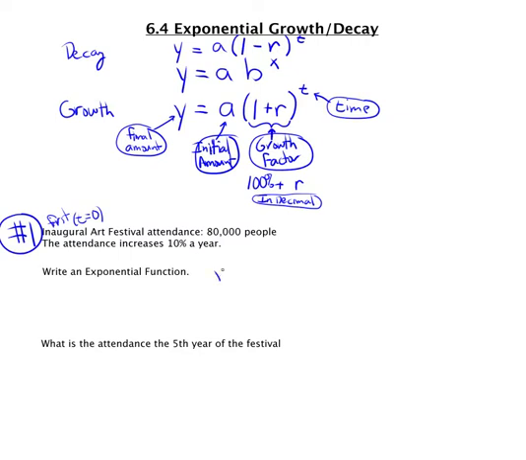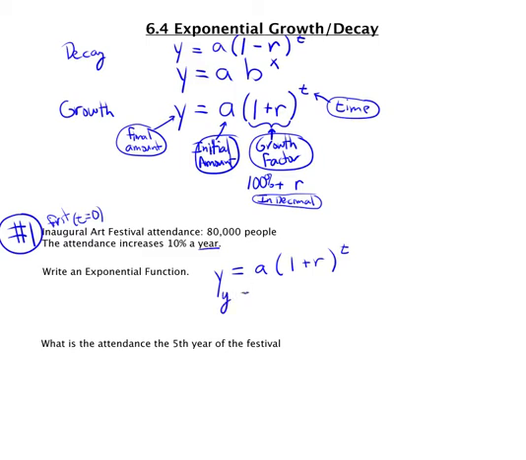So I'm thinking of my formula, which is y equals the initial amount times the 100% plus the increase to the t power, which is, in this problem, every year.